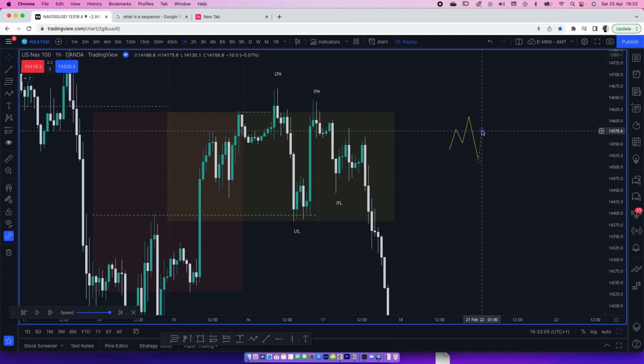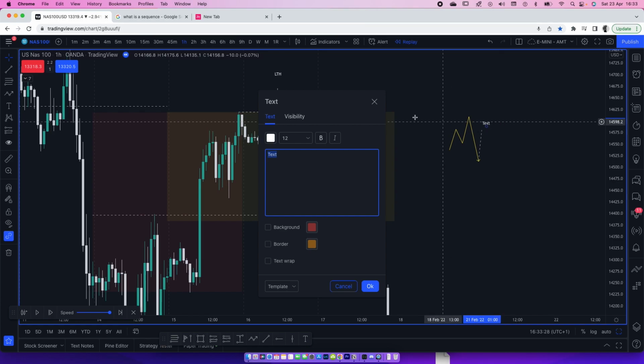The first step of the sequence that you wait for from a programming perspective is, do we have an imbalance left behind? Yes. Boom. Then wait for a trade there. That's the first stage of the sequence. You take your trade there. This becomes your intermediate term high. Actually, I'm going to write that over here as well. This becomes your intermediate term high.